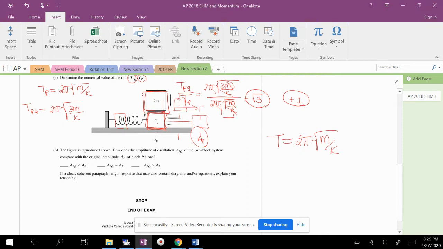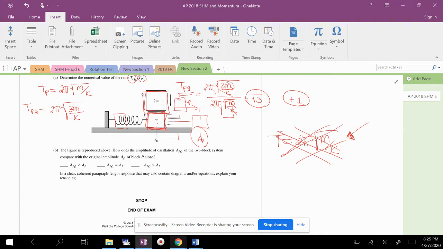You might get tricked into looking at the equation, but that is not a good way of thinking about it. Sure, amplitude is not in the period equation, but we're talking about how far it gets. What is the amplitude it reaches?